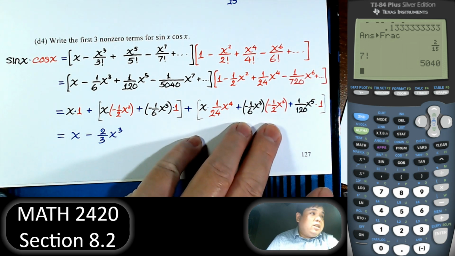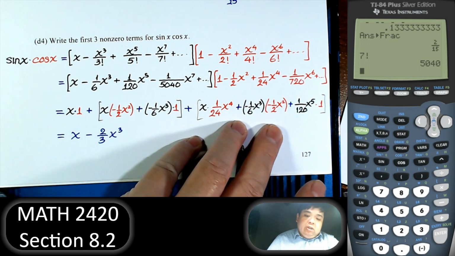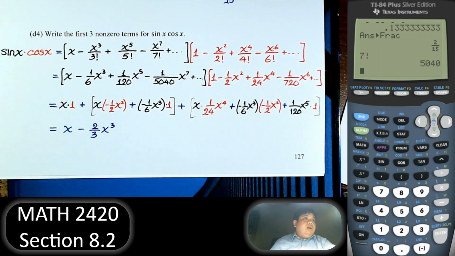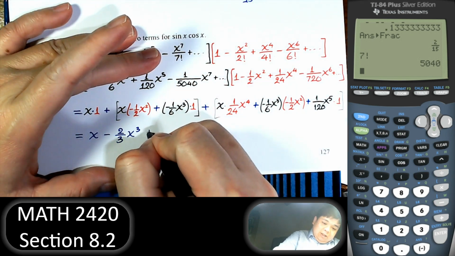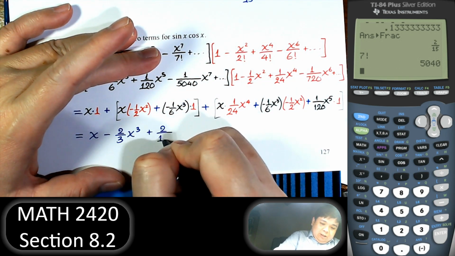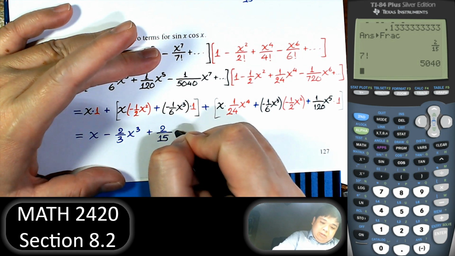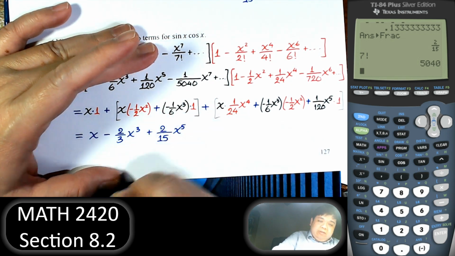Right? 6 times 2 is 12. And then plus 1/120, which is 2/15 x to the 5th.